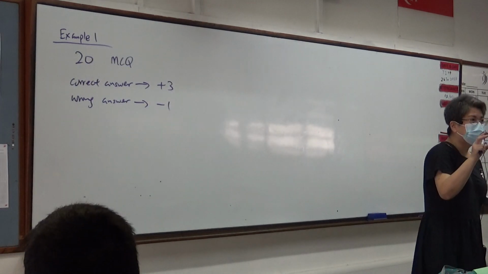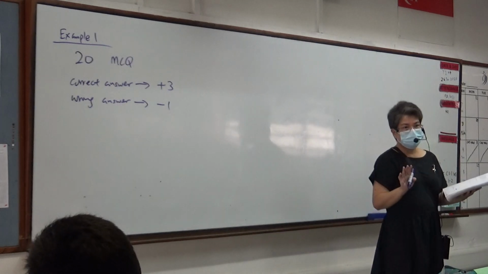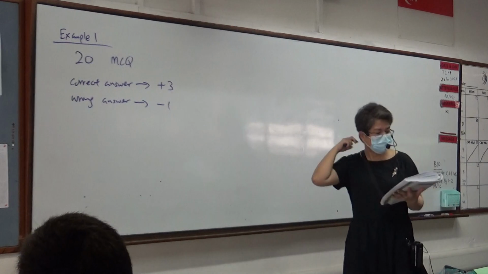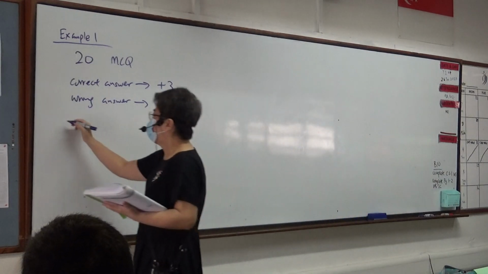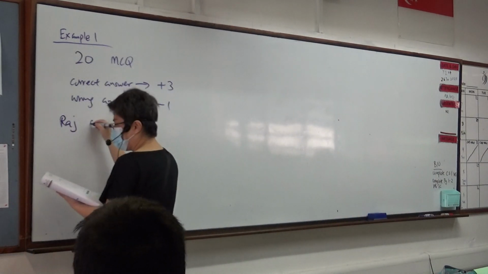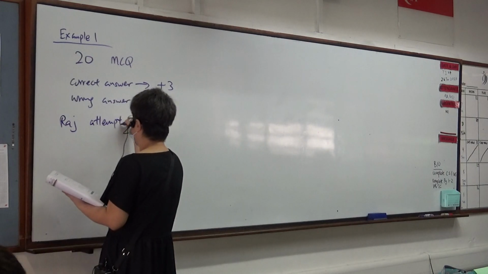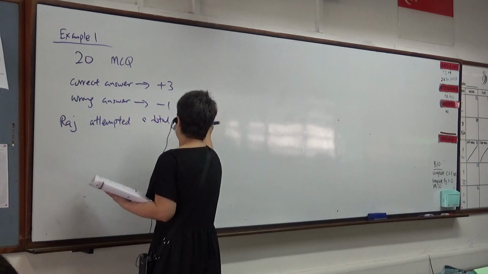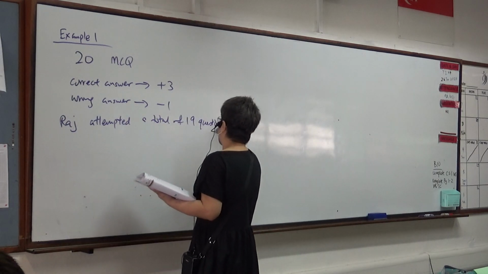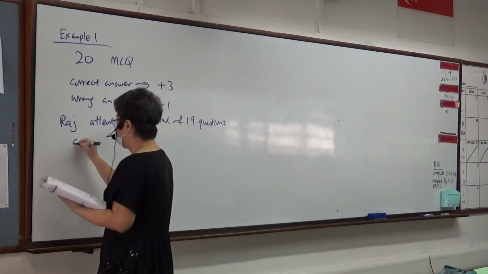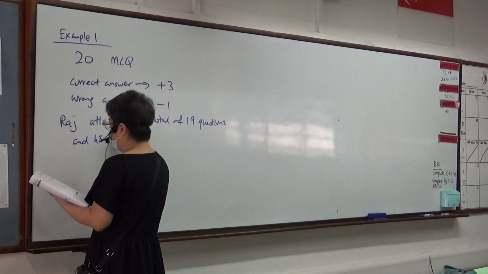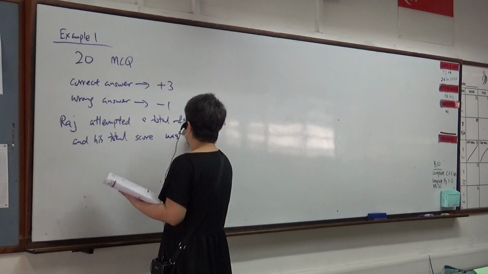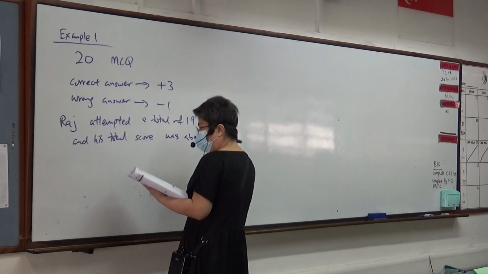That means if you don't answer, they don't do anything. Understand what I'm talking about here? Now, the thing is this. This person called Raj attempted a total of 19 questions, and his total score was above 32.